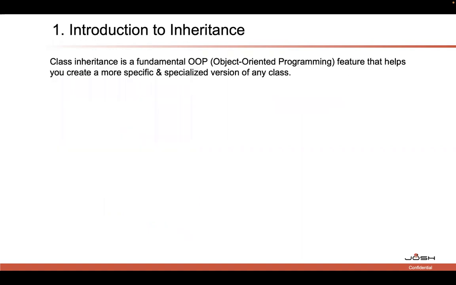Okay, so first we need to understand what is inheritance. Class inheritance is a fundamental OOPS concept that helps you to create a more specific and specialized version of any class. If you see a real-time example of what inheritance means, it's like a parent-child example: you inherit some of the properties of your parent.